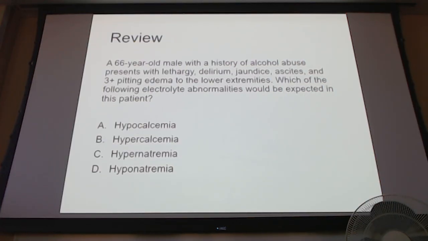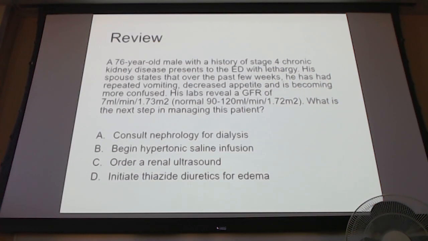But what is the most common electrolyte abnormality in a chronic alcoholic? Hyponatremia. Now you would assume, based on his presentation, that he's hypervolemic. It's probably cirrhotic. But hyponatremia.